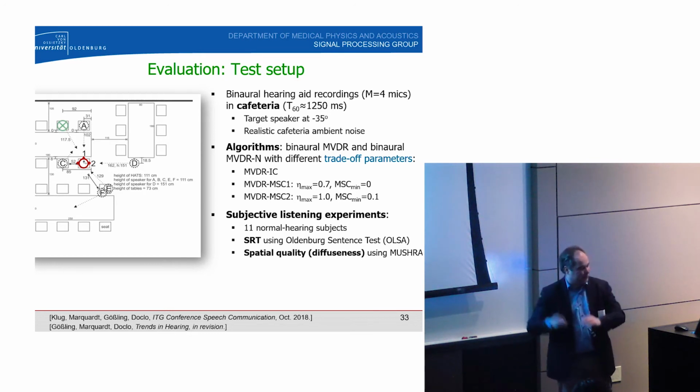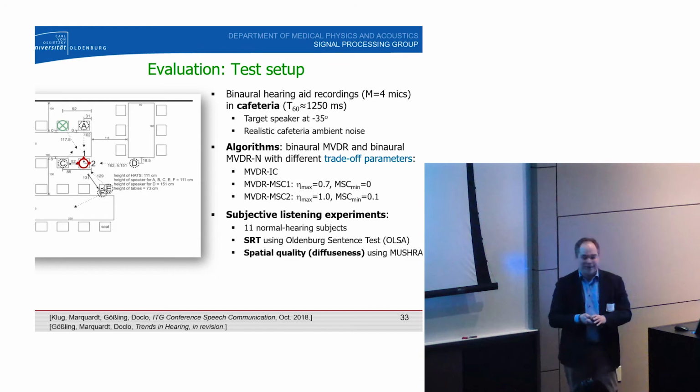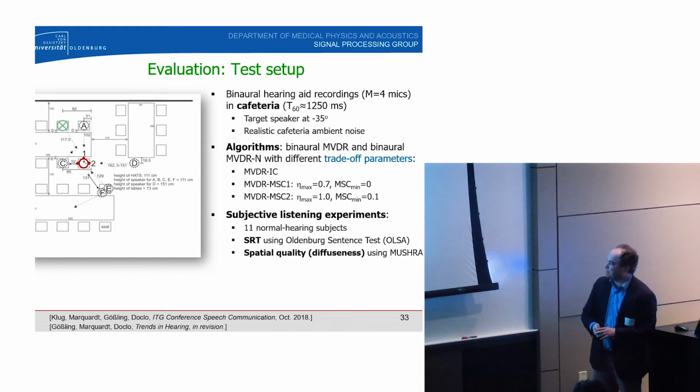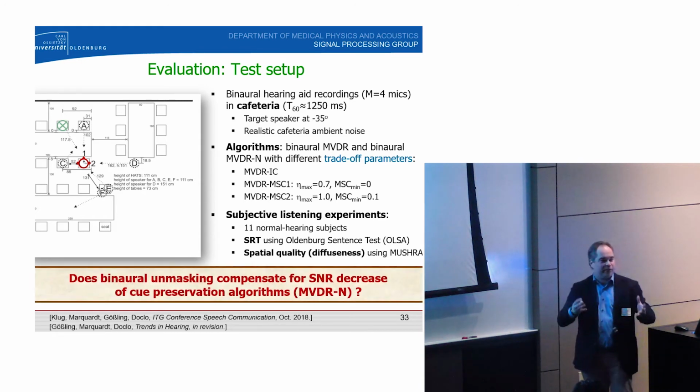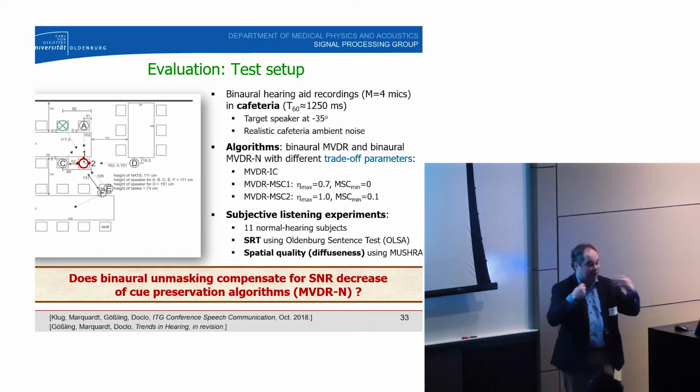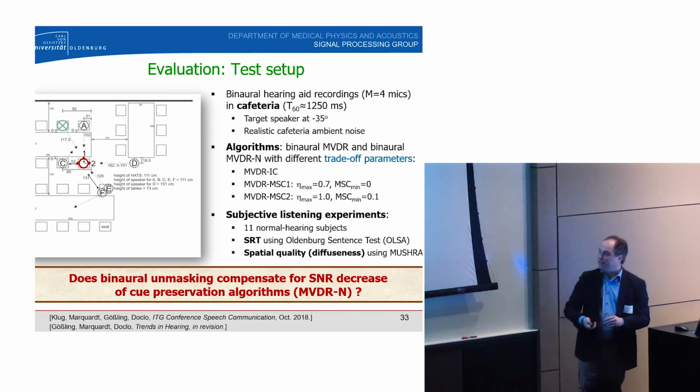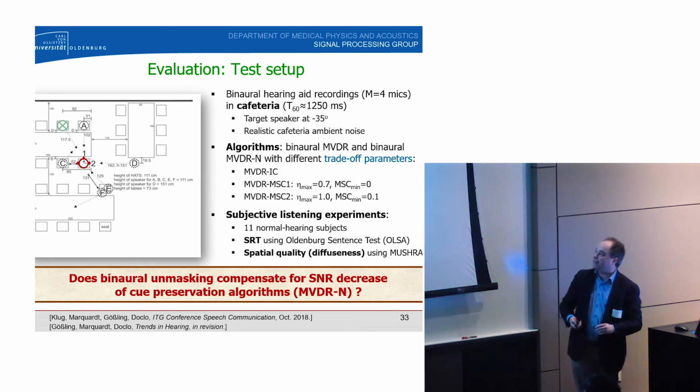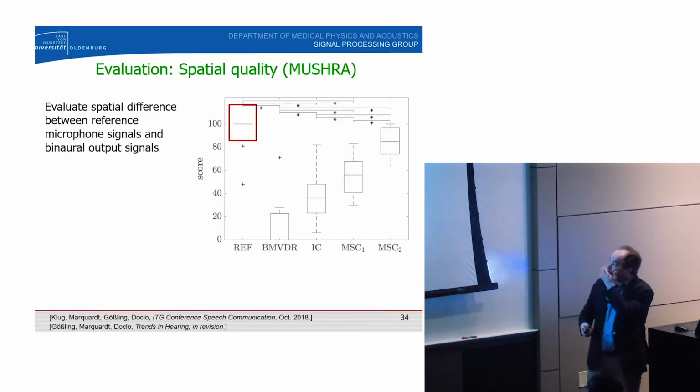It was in Germany, so it was a German test, but it shouldn't influence any of the results. And then the main question we ask is, does binaural masking, so preserving these cues again, actually compensate for the technical SNR decrease by mixing in the signals again? That's the main question we wanted to answer with these psychoacoustic experiments.